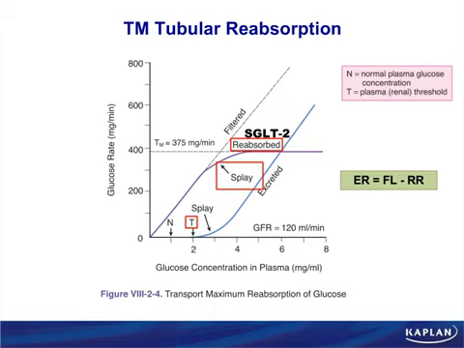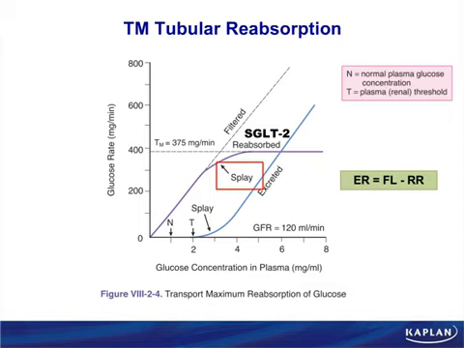Transport maximum is the rate of reabsorption at which all of the carriers are saturated. Once the carriers are 100% saturated, you don't stop reabsorbing, you continue to reabsorb glucose. However, you are reabsorbing glucose at a constant rate. That constant rate of reabsorption is 375 milligrams per minute. That is the definition of transport maximum.